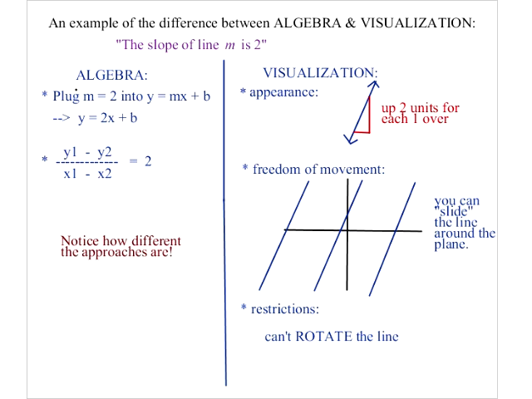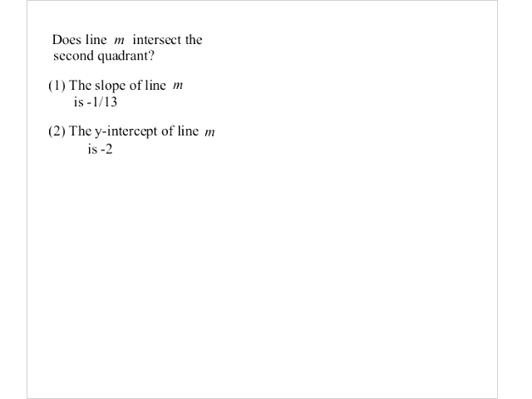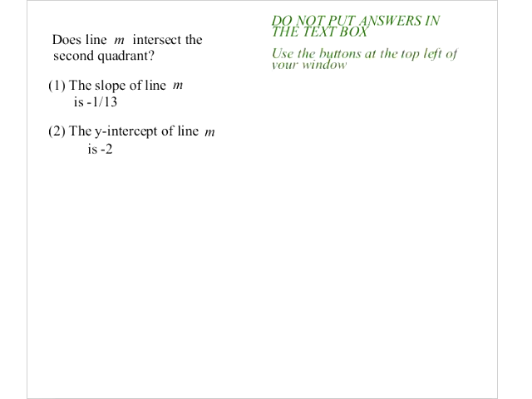Okay, we are good. Here's the first problem. Give this a shot. Here's the way this works, by the way. Do not put answers in the text box. In about 10 seconds, you'll find buttons at the top left of your window.